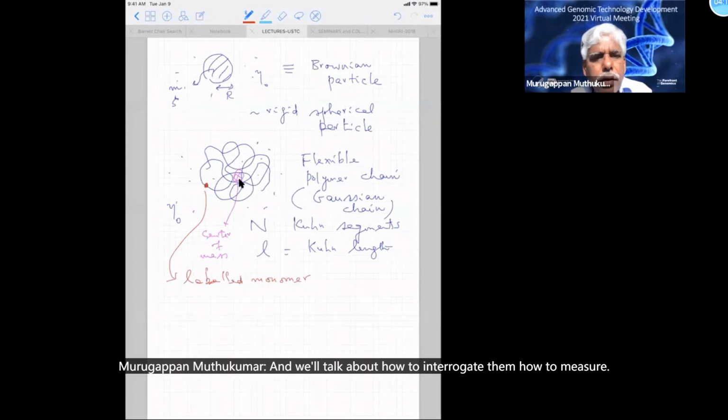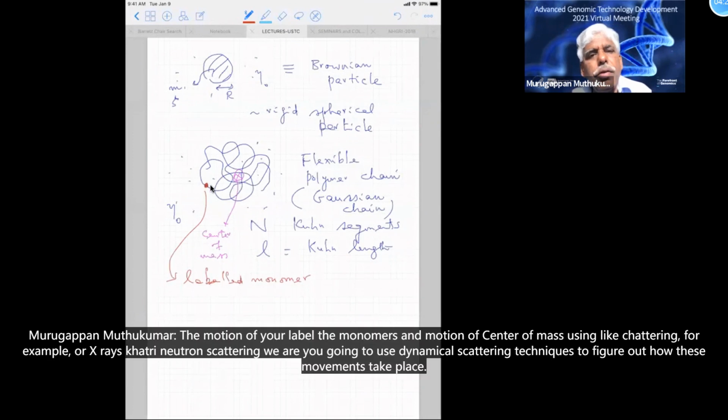And we'll talk about how to measure the motion of a labeled monomer and the motion of the center of mass using light scattering, for example, or X-ray scattering, neutron scattering. We are going to use dynamical scattering techniques to figure out how these movements take place.